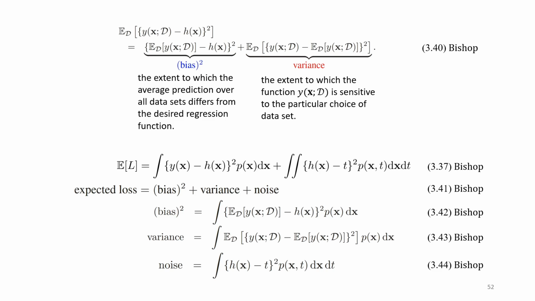So this is called bias squared, and here is called variance. It is the Y curve minus the expected Y curve. So let's recall what is the definition of variance.